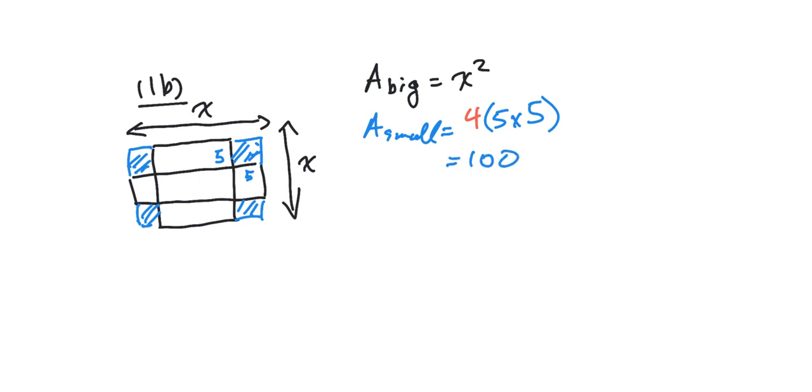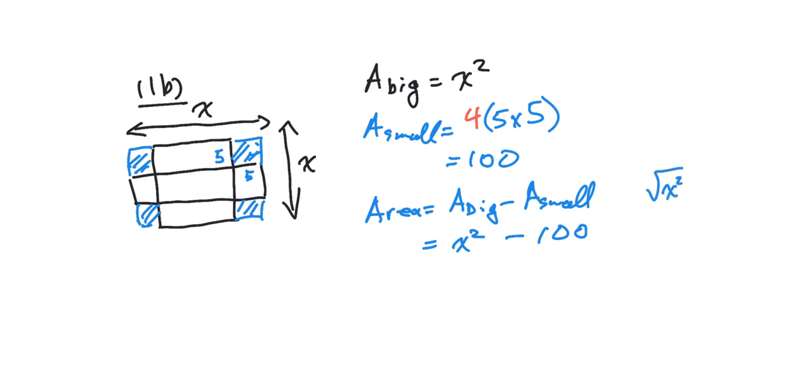So the area is going to be A big minus A small, which is x squared minus, well, the total number of the areas for the blues was 100, right? Because it was 4 times 25. And now, take a look at that. The square root of x squared is just x again. The square root of 100 is equal to 10.